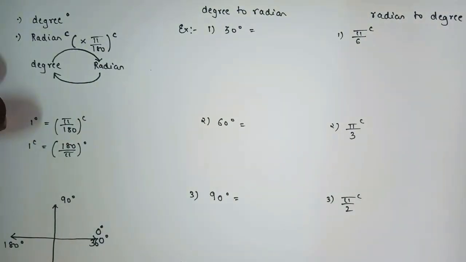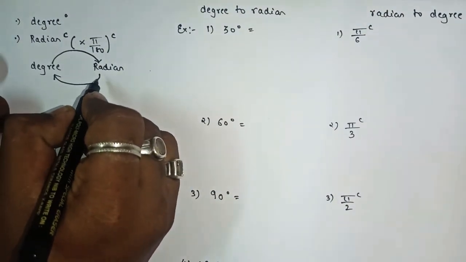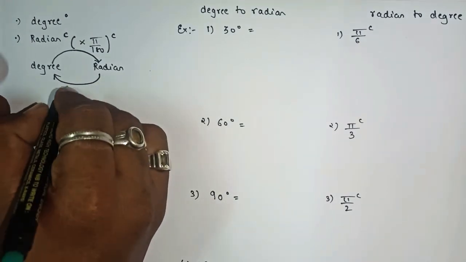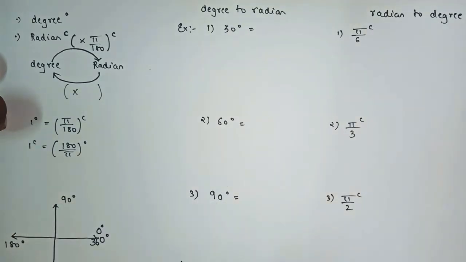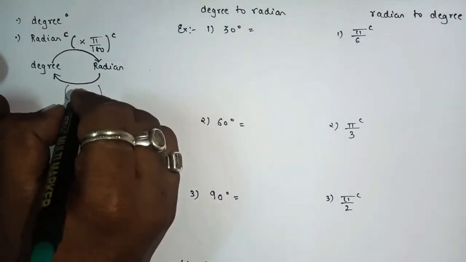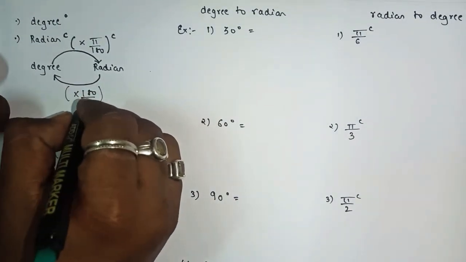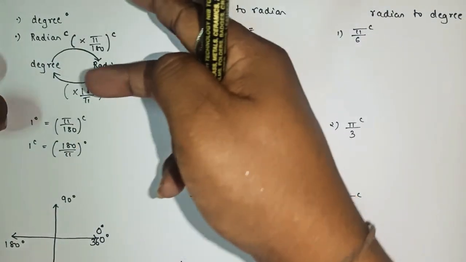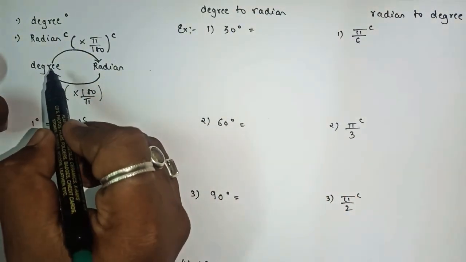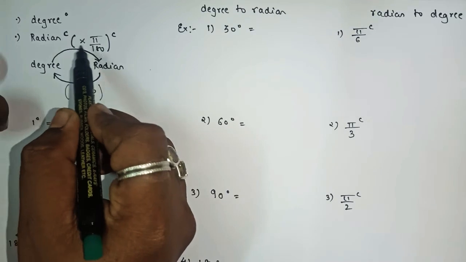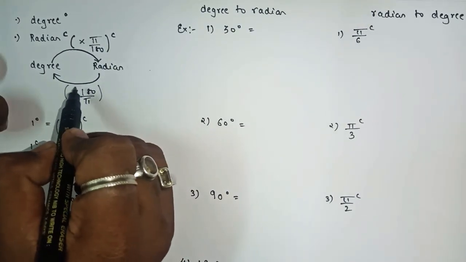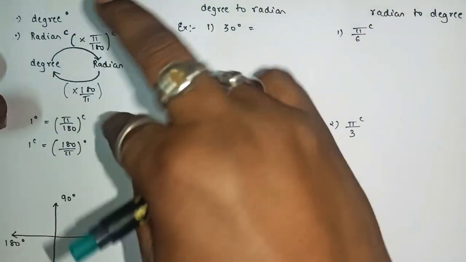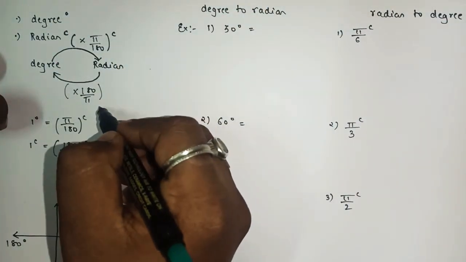Now suppose you want to convert radian into degree. So what you will do, simply you will multiply that term or number by 180 by pi. Reciprocal this. When we convert degree into radian we use pi by 180, and when it comes back, you have to do the reciprocal, 180 upon pi.